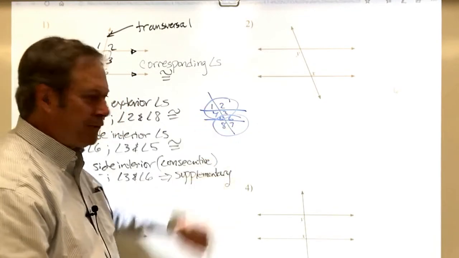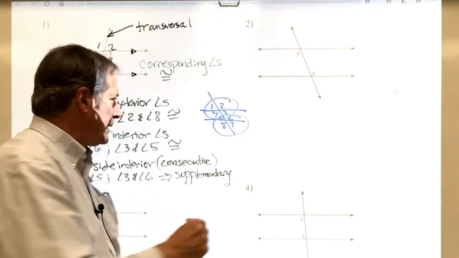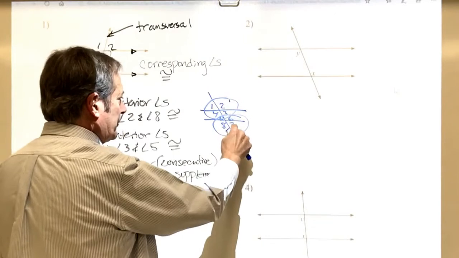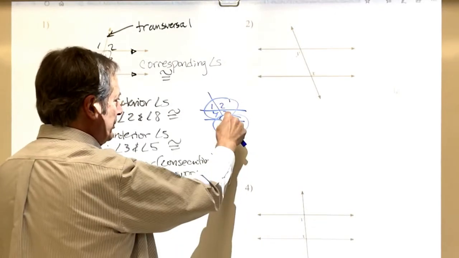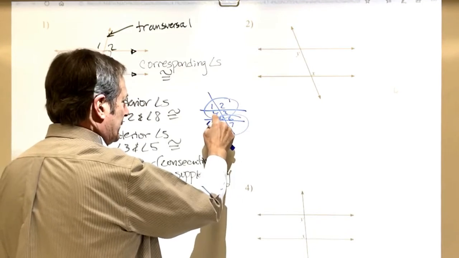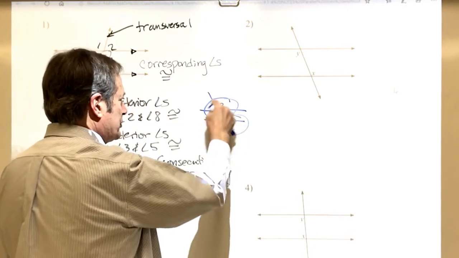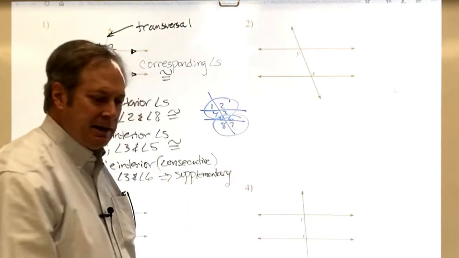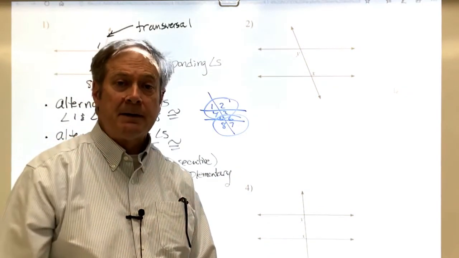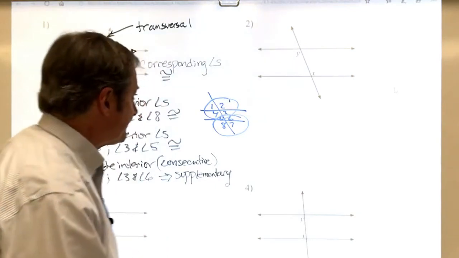Angles 2 and angle 6 are also corresponding. That's top right, that's top right. Angles 3 and 7 are corresponding. This is bottom right, bottom right. Angles 4 and 8, this is bottom left, in terms of that cluster. And they're in corresponding locations, therefore they are also congruent.